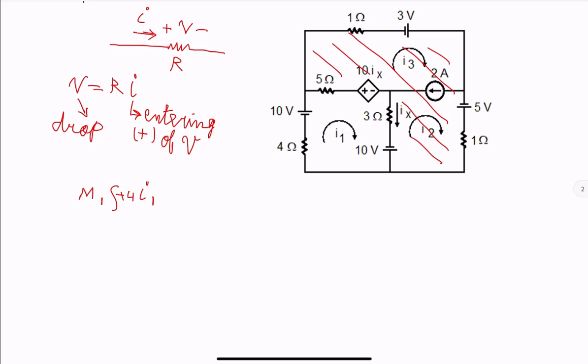We see a voltage source. We are entering its negative side, so simply write it as negative 10. Next, we are looking at 5 ohm resistor. We are moving from left to right in the direction of I1, opposite to direction of I3. So plus 5 in the direction of I1, opposite to I3.